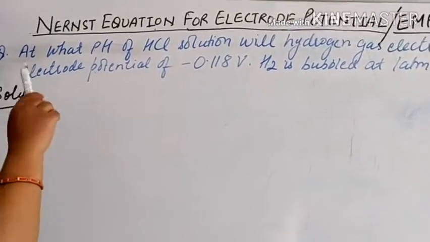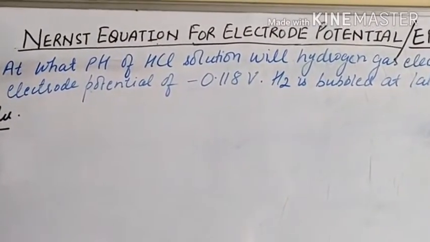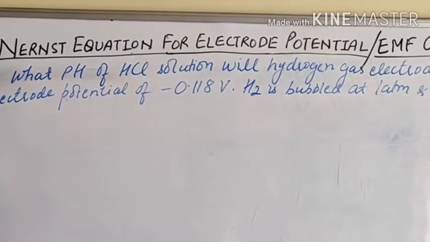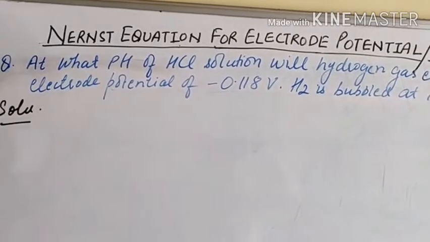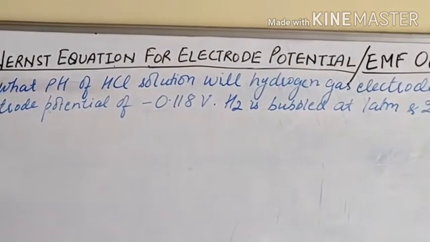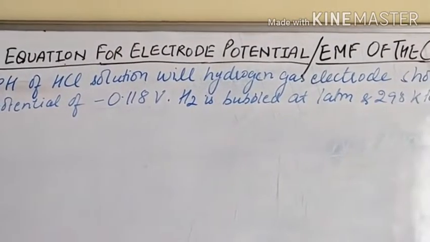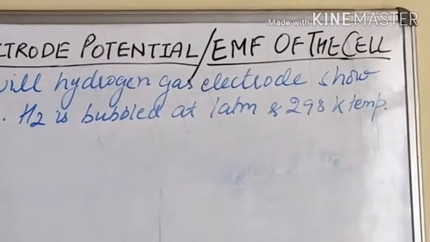We'll solve a question based on the Nernst equation. At what pH of HCl solution will the hydrogen gas electrode, that is SHE, show an electrode potential of minus 0.118 volts? Hydrogen gas is bubbled at 1 atmosphere and 298 Kelvin temperature.